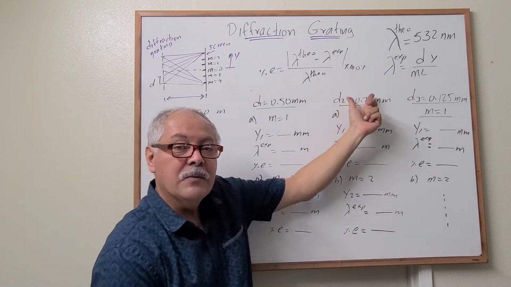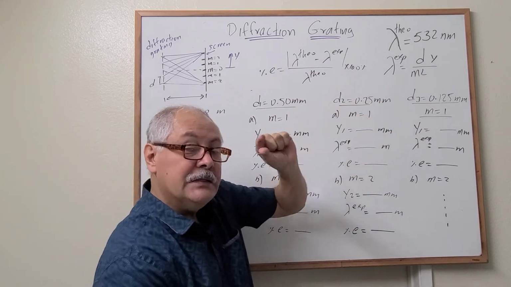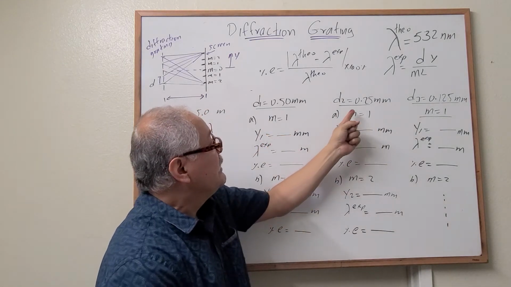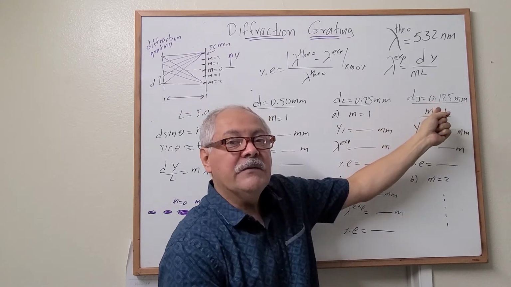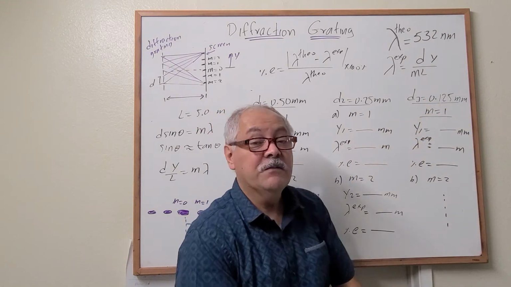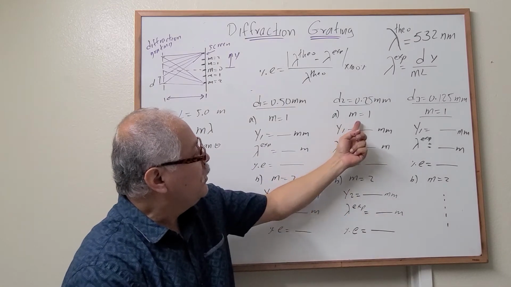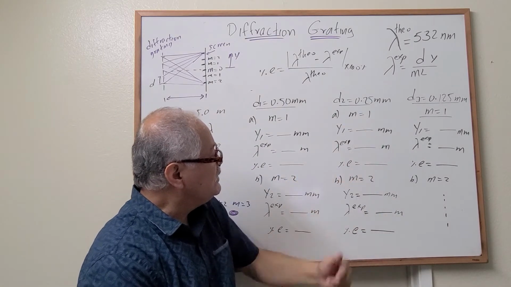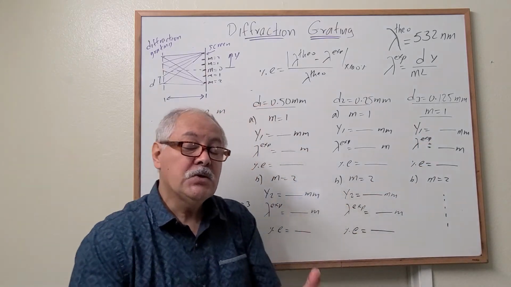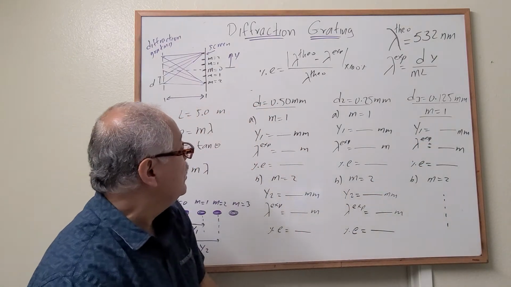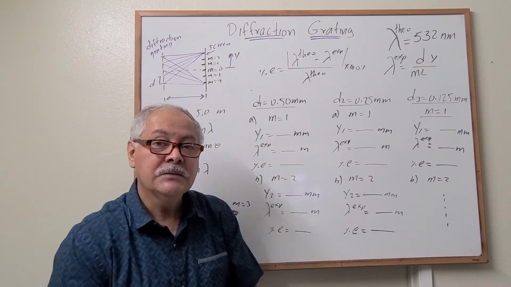Repeat the same thing for case 2. Now the distance between two slits is going to be 0.25 millimeters, and finally the last one is going to be 0.125 millimeters. Repeat for m equals 1, m equals 2, find this data, and write the same thing in the last case. So in this experiment, you are supposed to find y1, y2 for each case.